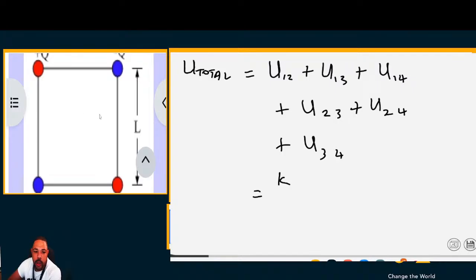The one in the upper left hand corner is number 1, this is number 2, this is number 3, this is number 4. That's how we name them, just to make our lives easier. Keep that in the back of your mind. That's why I wrote it like that.